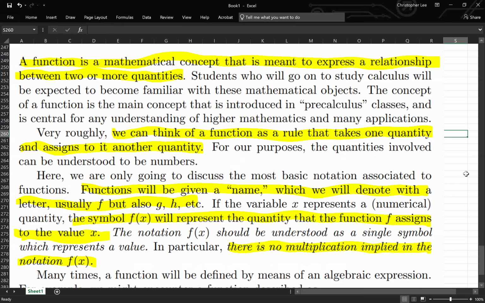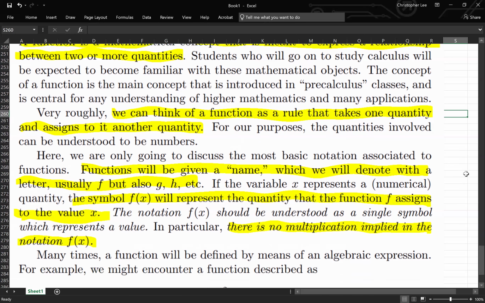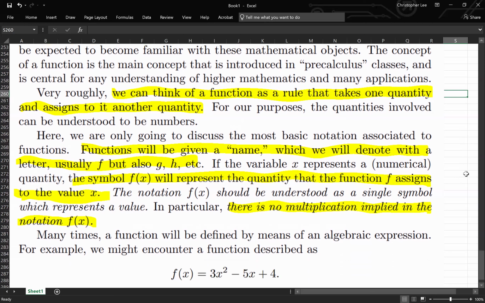Very roughly, we could think of a function as a rule that takes one quantity and assigns it to another quantity. For our purposes, the quantities involved can be understood to be numbers. So here, we're going to discuss the most basic notation associated with functions.